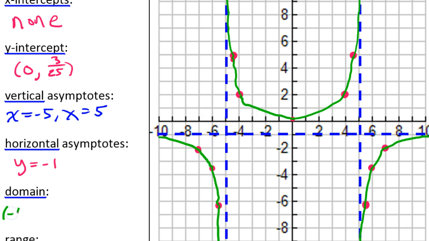And then the middle part of the graph goes from negative 5 to positive 5. And then the right side of the graph goes from positive 5 to infinity. We're talking x values, so it goes from 5 to infinity.